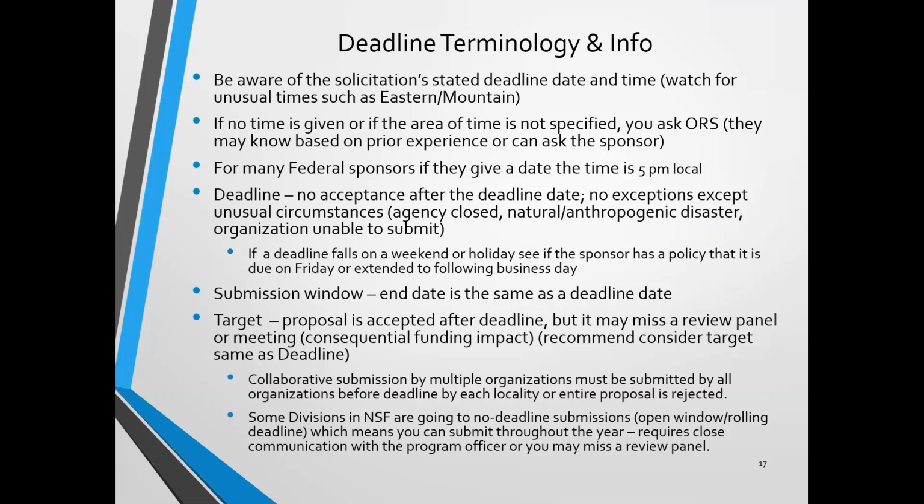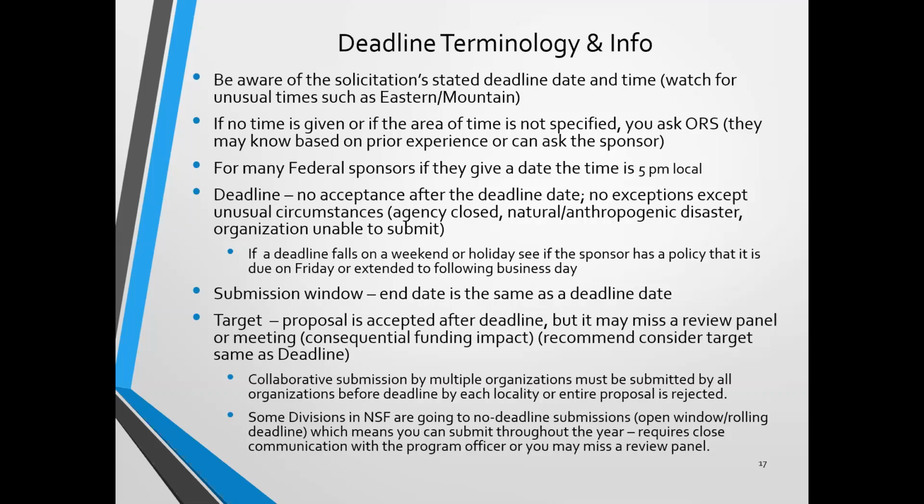And I already talked about the collaborative proposals submitting have to be each done by their location. There are some NSF divisions that are going to no deadline submissions, which is like an open window or rolling deadline where you can submit throughout the year.